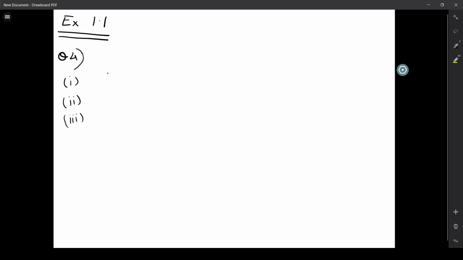Now we move on to question number 4 in exercise 1.1, which has 3 parts. It's basically a true and false question. So we're going to talk through this and we're going to give reasons for whether it's true or false. So the first part says every natural number is a whole number. As per our definitions, natural numbers are simple numbers that we are used to when we are counting.